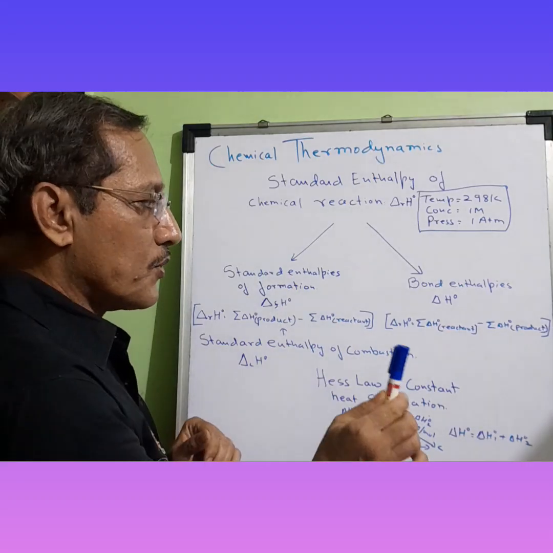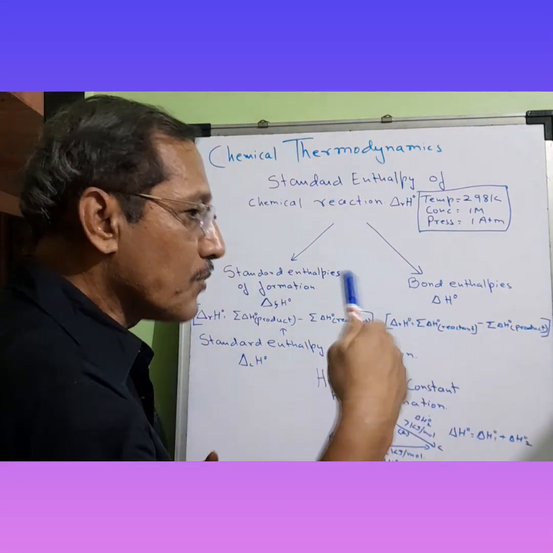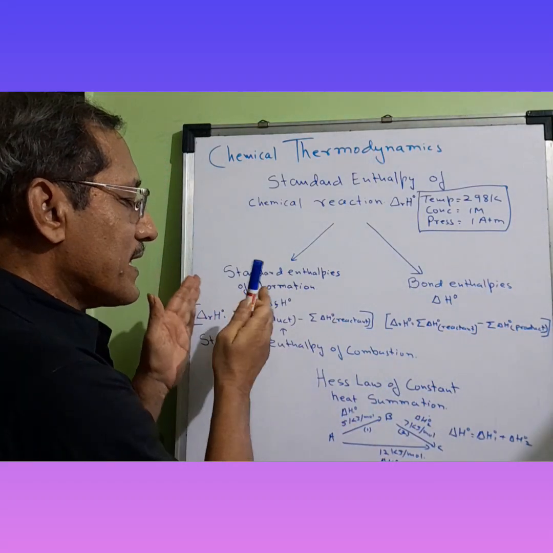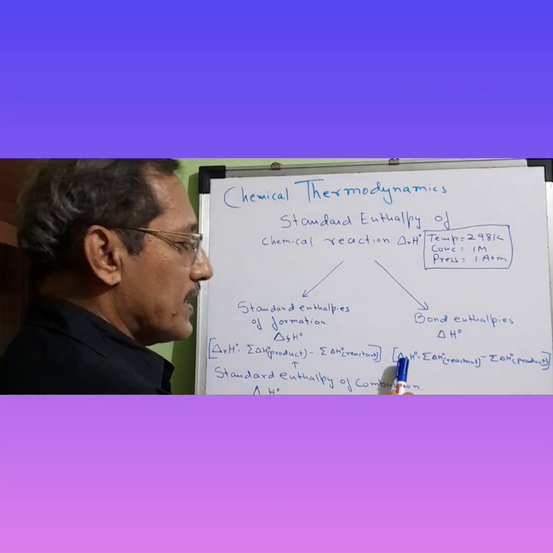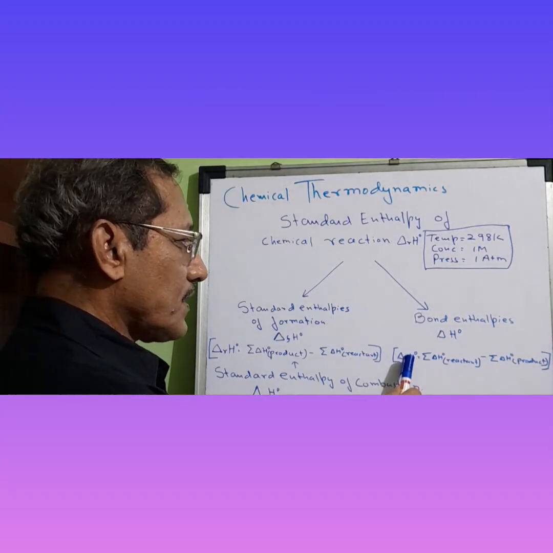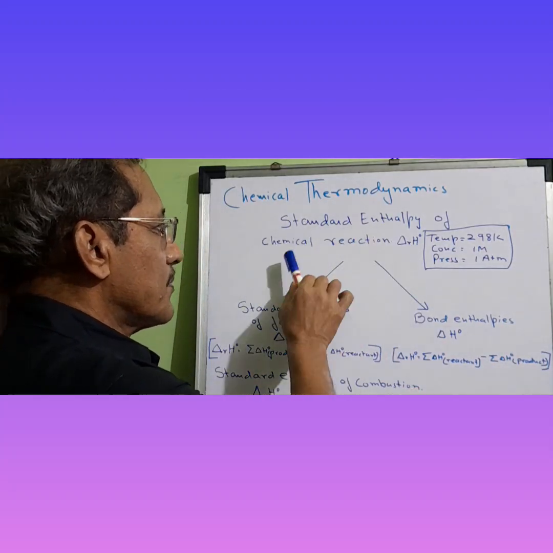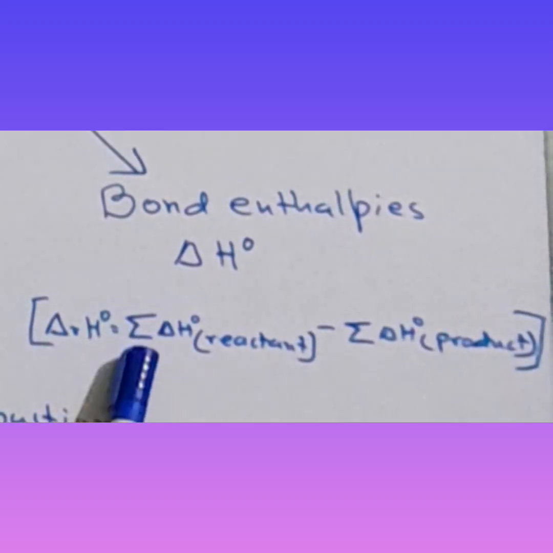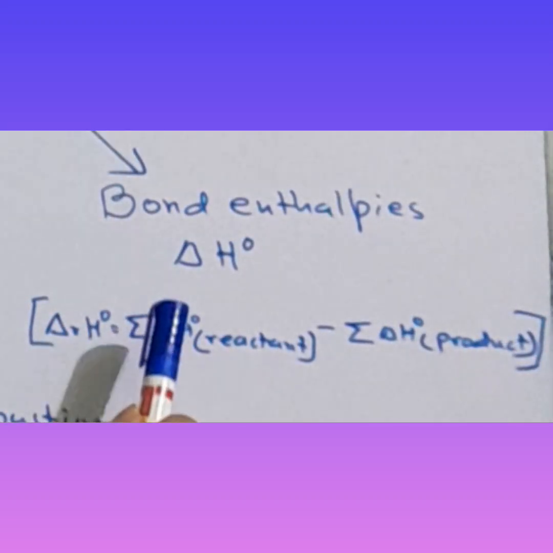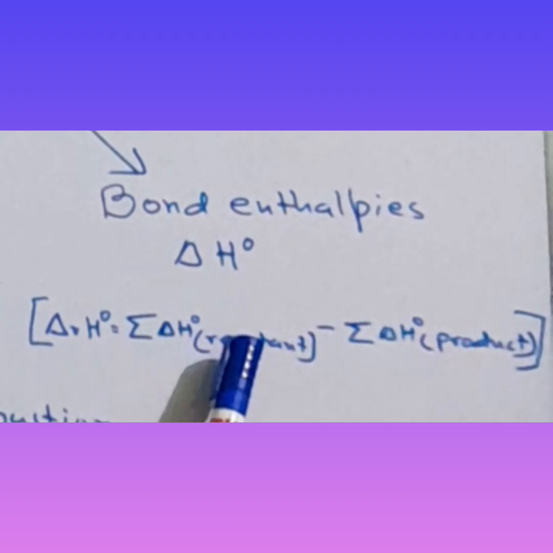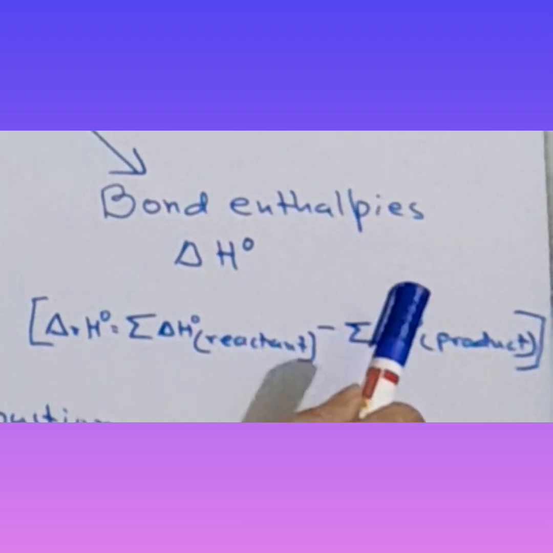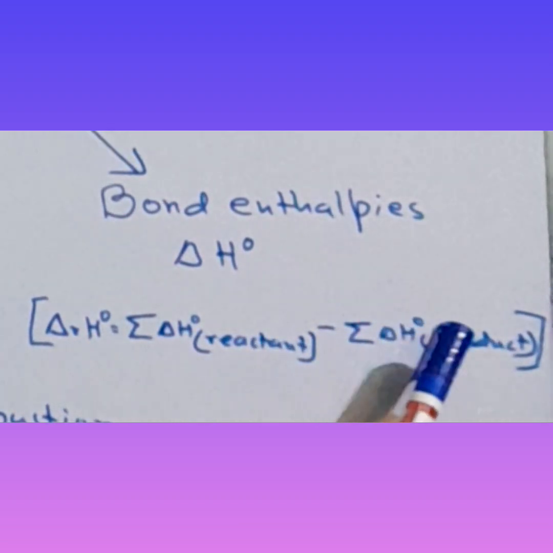But when you are provided with bond enthalpies, that is bond breaking, this is bond making, then the formula for standard enthalpy of chemical reaction is the summation of standard bond enthalpy of reactants minus the summation of standard bond enthalpy of products.